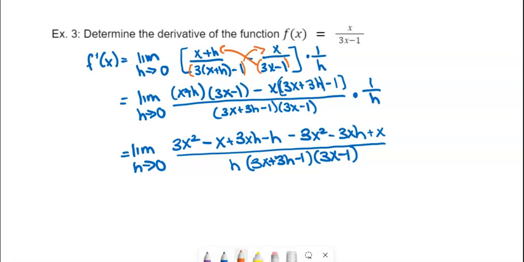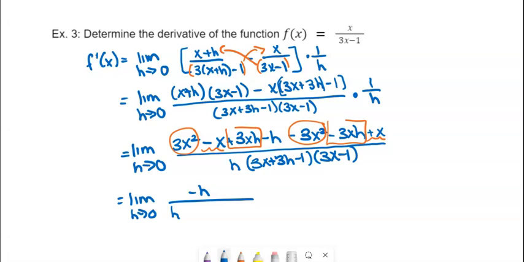Okay, now I can hopefully cancel some things out. So this 3x squared term appears twice here. And this 3xh shows up twice. And actually, so does this, negative x and positive x. So all I'm left with on the top is negative h.